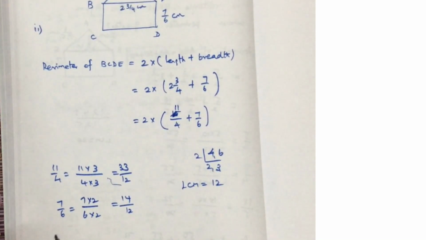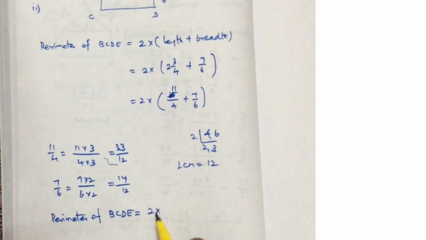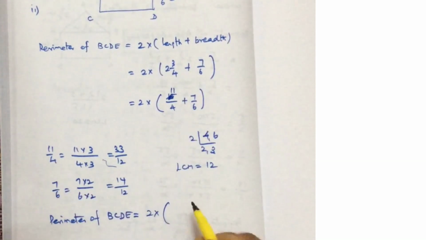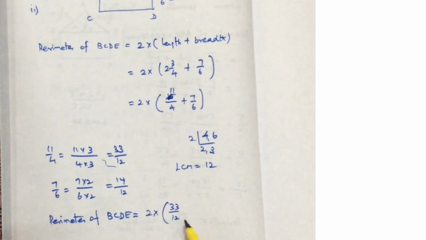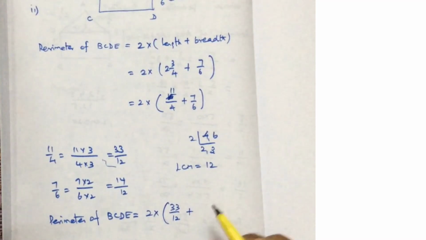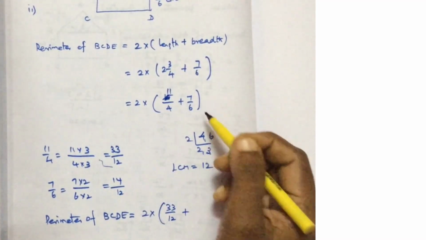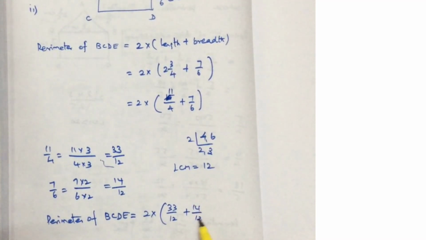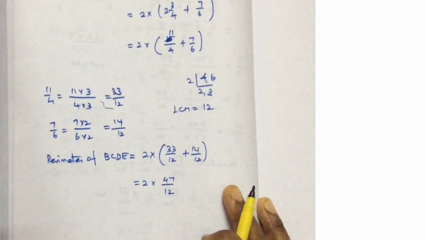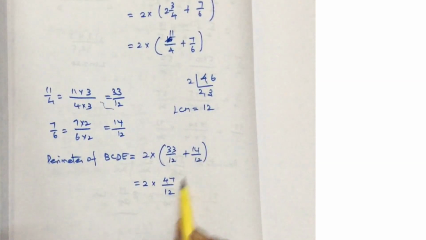So the perimeter of BCDE is equal to 2 multiplied by, you should not forget this 2 multiplied by, instead of 11 by 4 I can write 33 by 12 plus, for 7 by 6 I can write 14 by 12, that is equal to 2 multiplied by 47 by 12, as 33 plus 14 is 47.